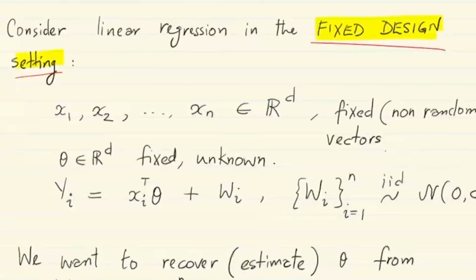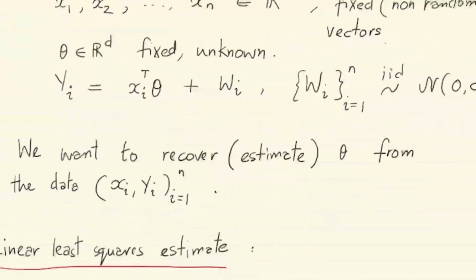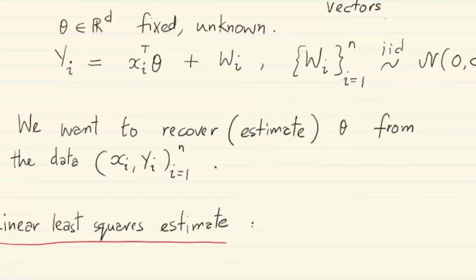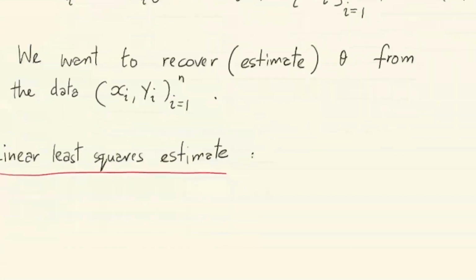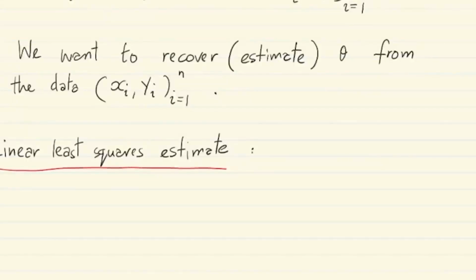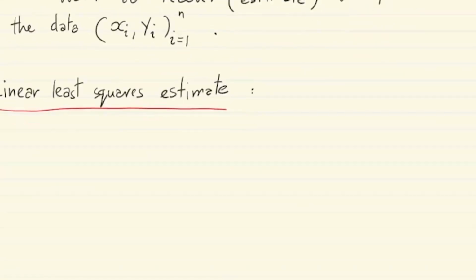Okay, so this is the standard regression problem with additive Gaussian noise, and the most natural way to estimate theta is what is called least squares regression or linear least squares estimation. The linear least squares estimation is solving the following optimization problem.